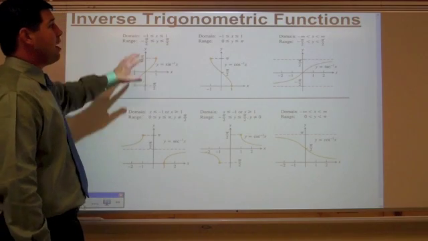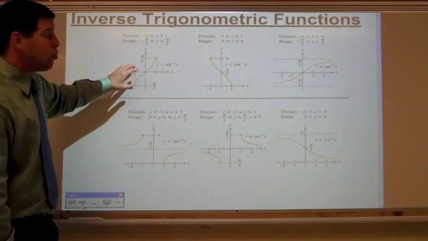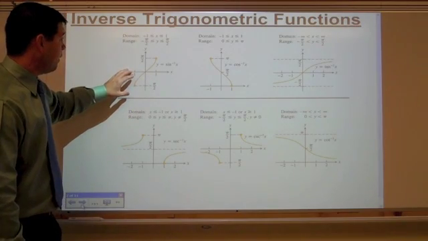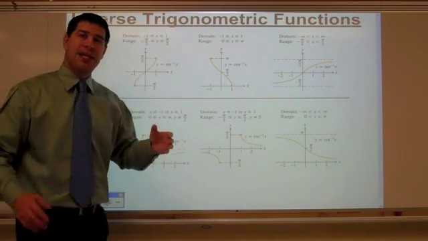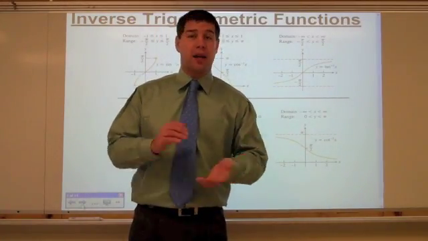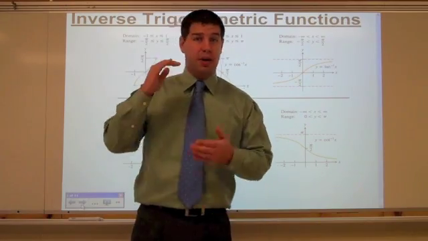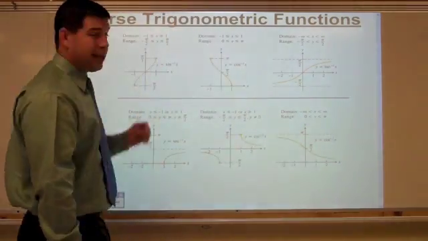So here's a review. Here's your arc sine of x, your inverse sine graph, and its domain is negative 1 to 1, because that's the x values. The sine can only go from negative 1 to 1 on the y, so the arc sine can only go from negative 1 to 1 on the x.